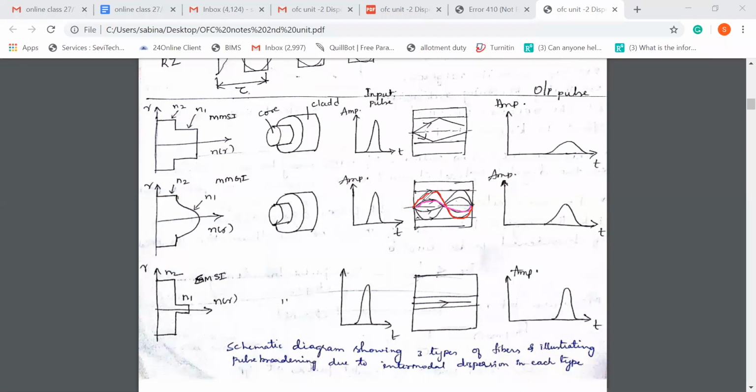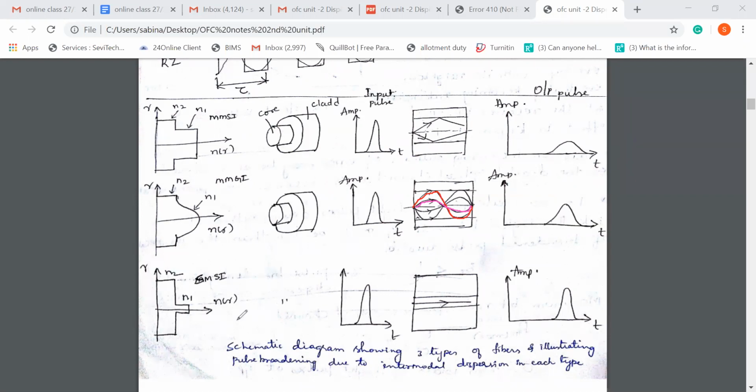Are you able to understand? So that is the reason for graded index that these two almost reach at the same time. That is the reason your dispersion is less compared to multimode step index optical fiber. So compared to this, this is better. Multimode is always better, right?